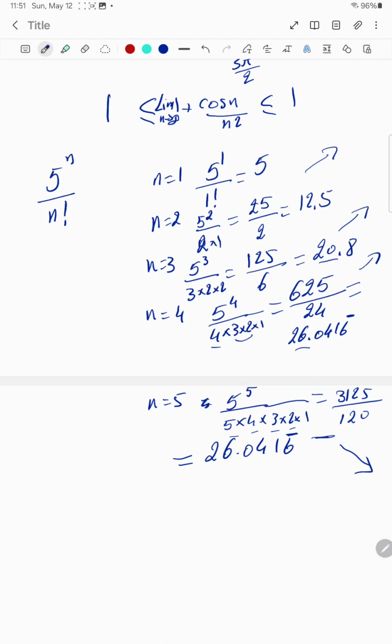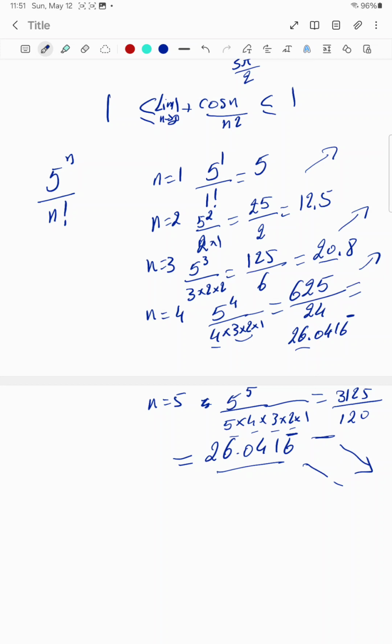So the first 4 terms of my series are ascending and the rest is not ascending. So the 5th term is this, and after that it starts going down, down, down, down, down. So as of the fifth term, it is descending, and the first four terms are ascending.